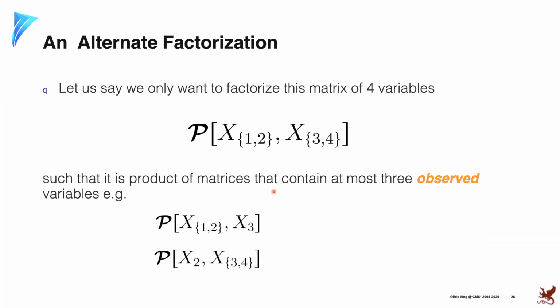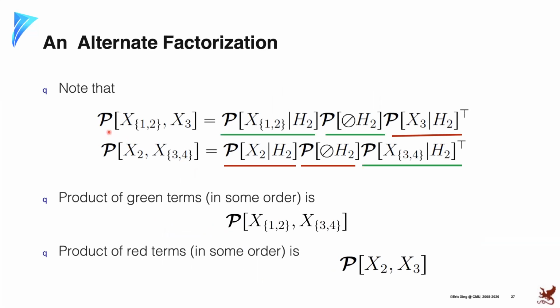Using this example, we can easily find one solution here. We only want to factorize this matrix of these four variables such that it is a product of matrices that contain at most three observed variables. For example, we want one factor which is this and another factor which is this. Because they contain three variables, we can follow the same manner to introduce a hidden variable so that each can be decomposed into smaller factors comprising just x1, x2, h2, or x3.